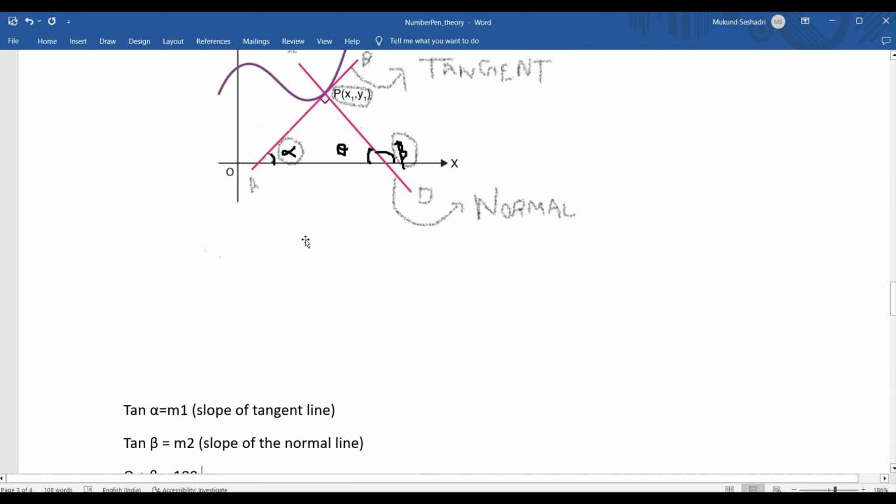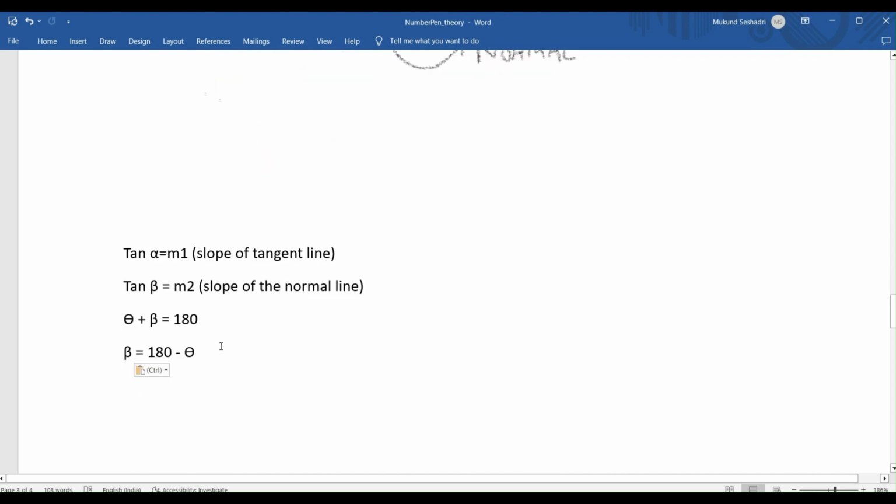We also know that alpha plus theta plus this third angle, which is 90 degrees, is equal to 180 degrees.